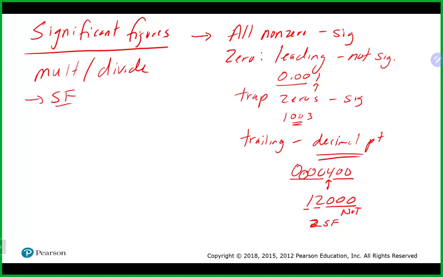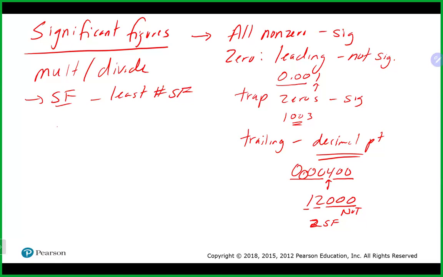That is the important thing in that type of calculation, and it's always the least number of significant figures. Whichever number in the calculation has the least number of significant figures determines how many significant figures your answer should have. So multiply, divide, sig figs is what we want to look at.